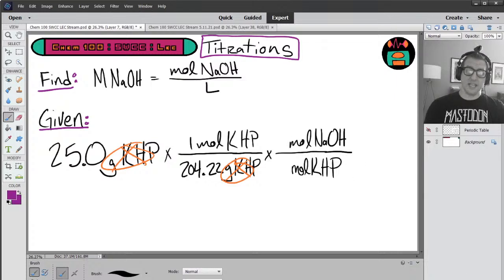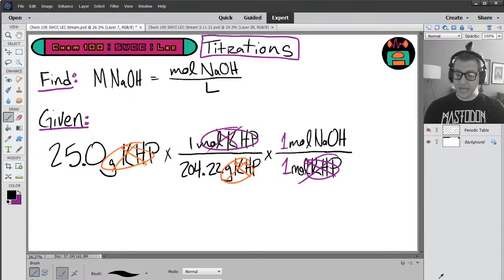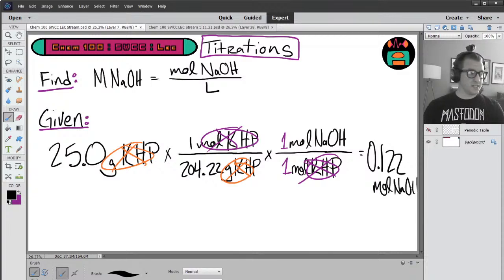And we were given that this is a 1-to-1 mole ratio. So moles of KHP cancel. And now we're ready to crunch our numbers. 25 divided by 204.22 times 1 divided by 1 is, let's see, 3 sig figs, 0.122 moles of sodium hydroxide.